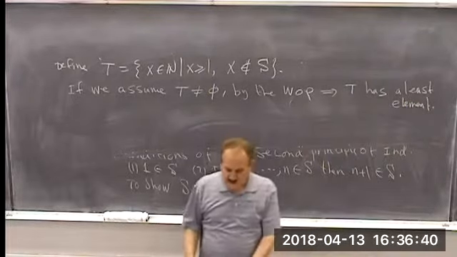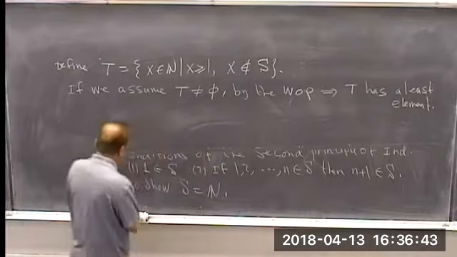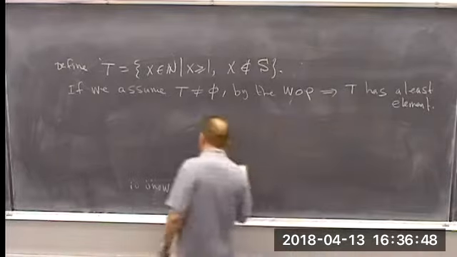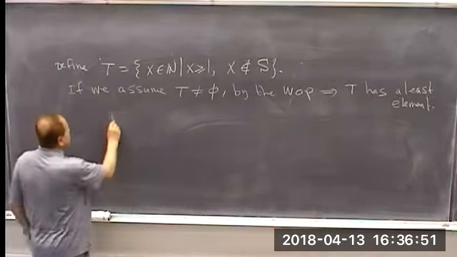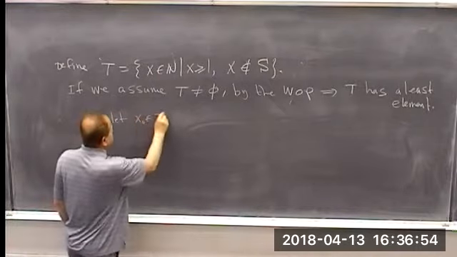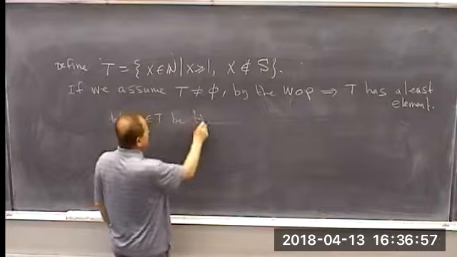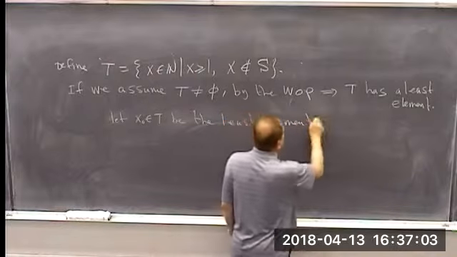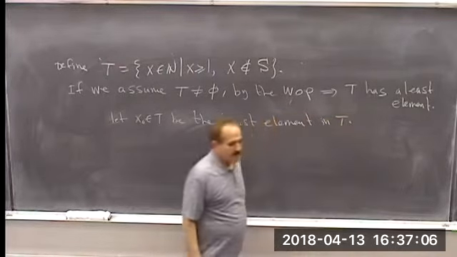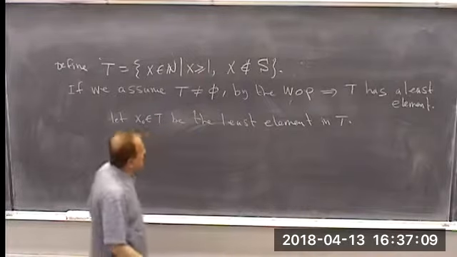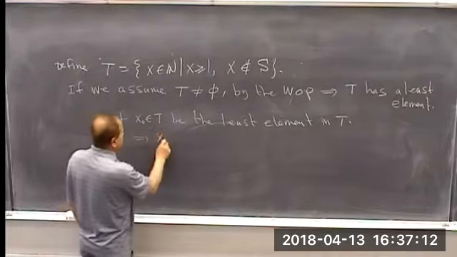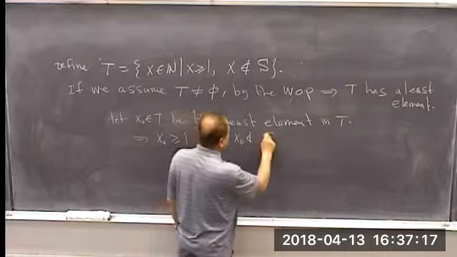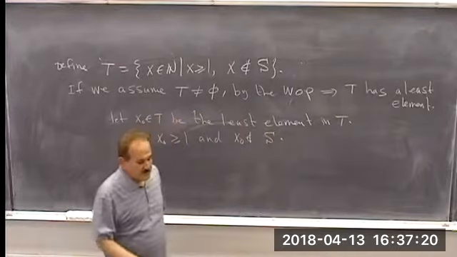And let's call this least element x sub 0. So let x sub 0 in T be the least element in T. Now let's see what this least element satisfies. So this implies that x sub 0 is bigger than or equal to 1, and x sub 0 is not in S.